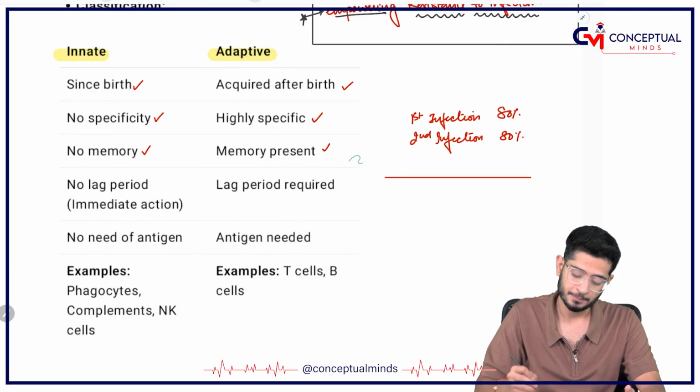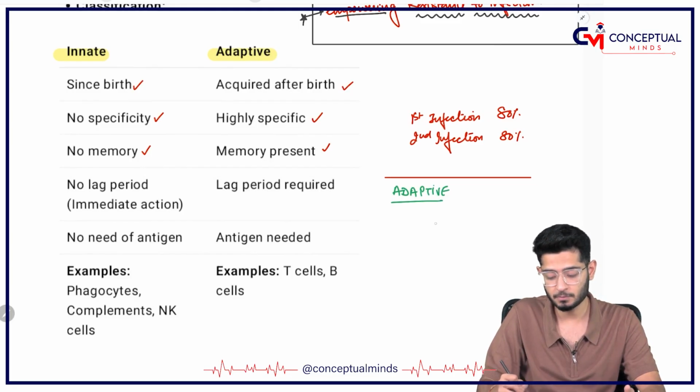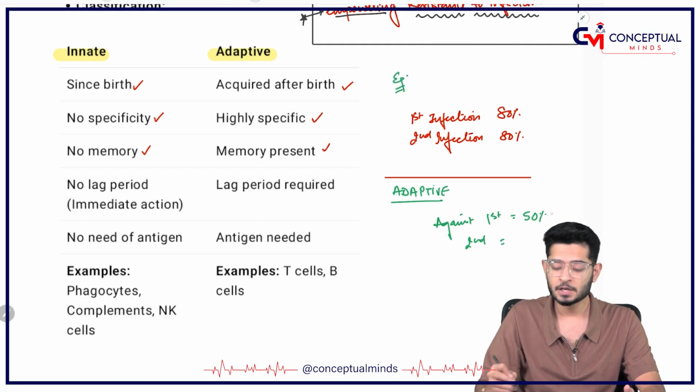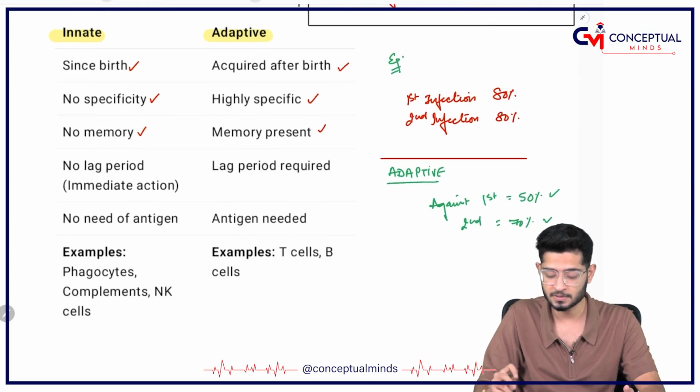So in case of adaptive immunity, my dear friends, if the immune response of the body against the first infection is say 50%, then against the second infection it is going to be, these are all examples, 70%. Why?